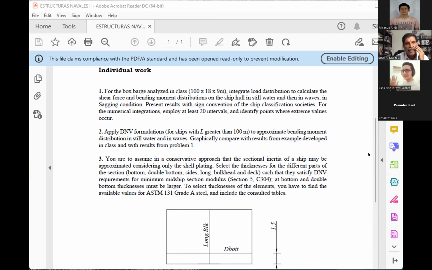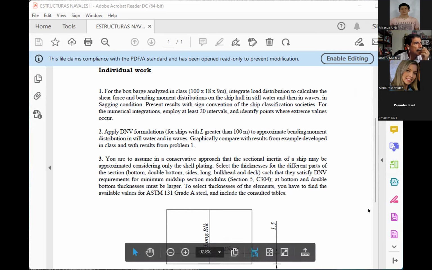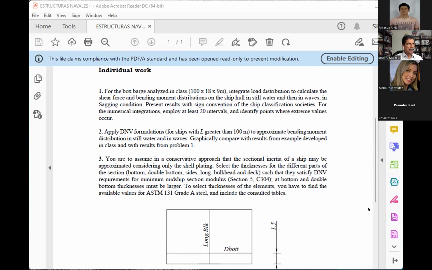Okay, would you please, Ms. Valdez, start helping me with reading problem one? Yes, doctor. For the box barge analyzed in class, 100 times 18 times 9 meters, integrate the load distribution to calculate the shear force and bending moment distribution on the ship hull in still water and then in waves in sagging condition.